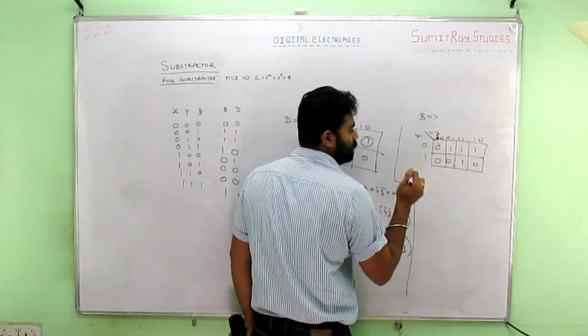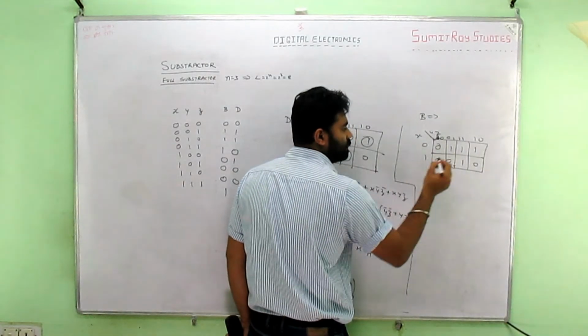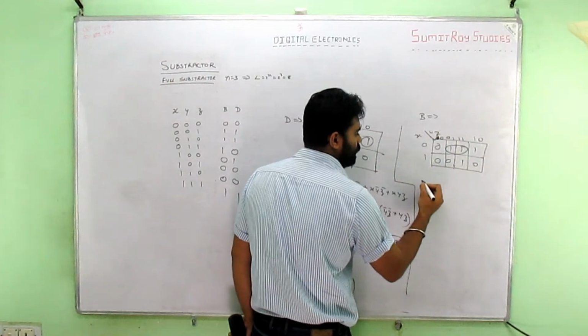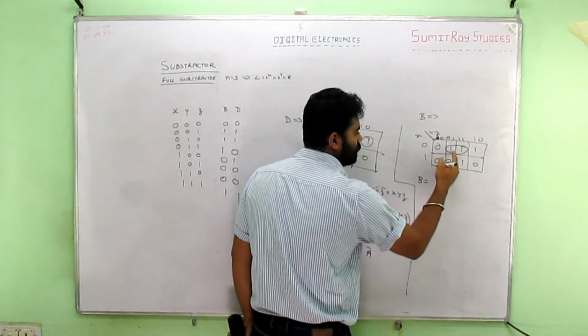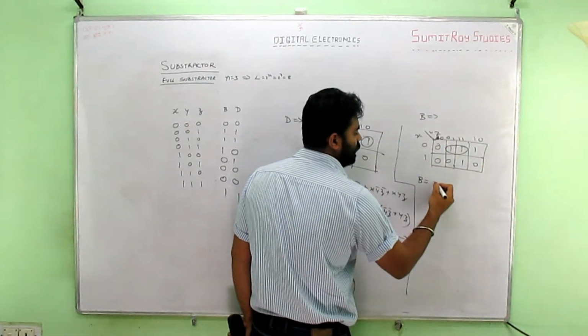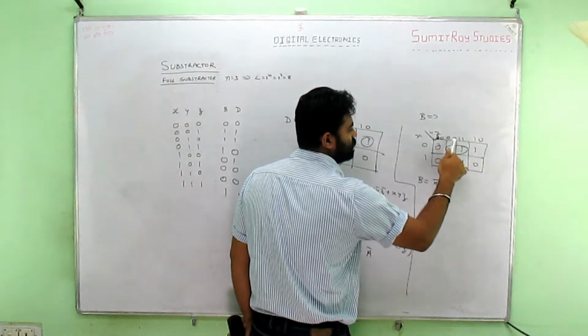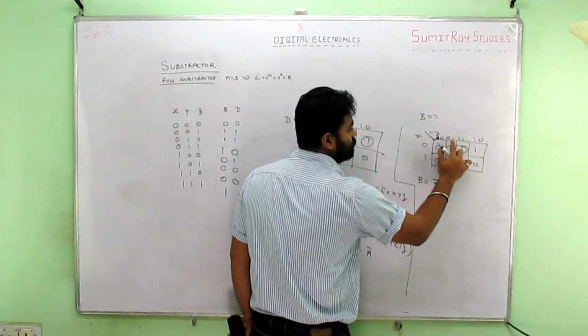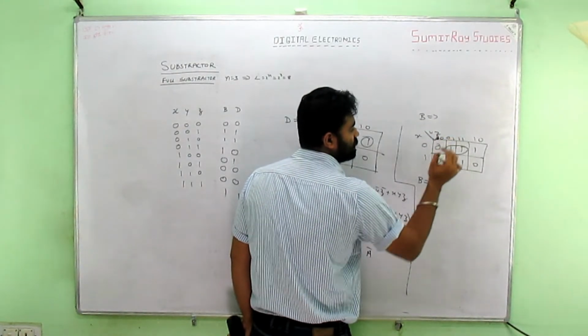So we'll reduce it. Yes, it is reducible. First this reduction, so I'll write borrow here. For this reduction, x is consistent at 0, that is x bar, and in 0, 0, 0, 1 and 1, 1, out of them, this is yz, yz. So y is not consistent, but z is consistent.